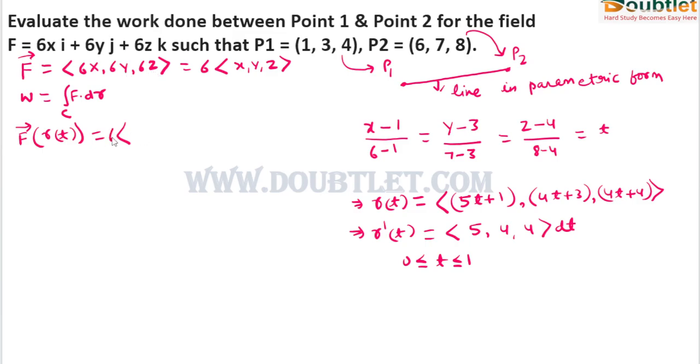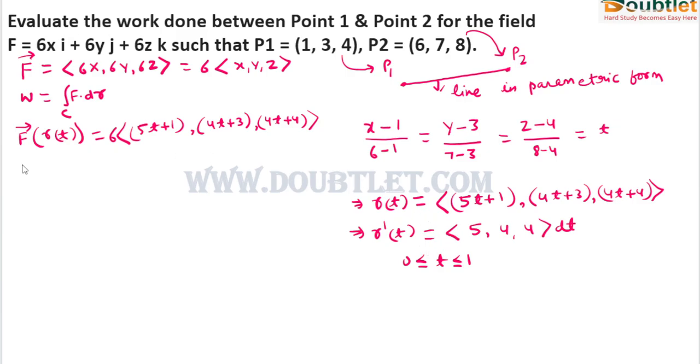With 6 common from all of these, it can be written as 6 times (5t plus 1, 4t plus 3, 4t plus 4).